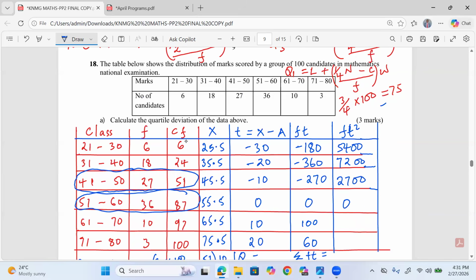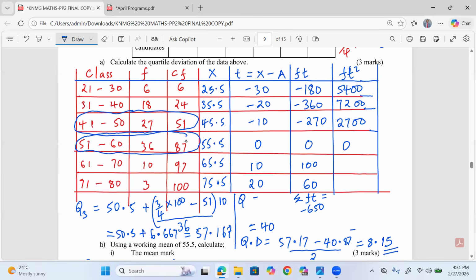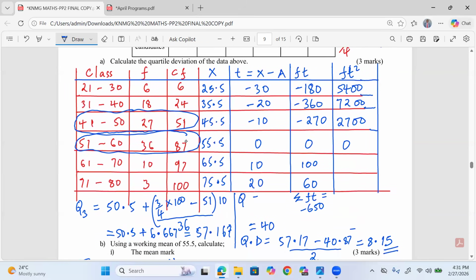The next will automatically be a 0, because 0 squared becomes a 0. You multiply by this 36, it remains a 0. The other one is 10 squared, 100 times 10, the frequency, we get 1,000. Then 20 squared, we get 400. 400 should be multiplied by 3.